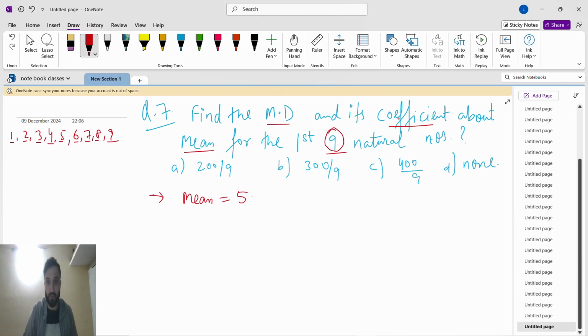Okay, now you have to find the coefficient of mean deviation. Find the mean deviation and its coefficient means you have to find the coefficient of mean deviation.